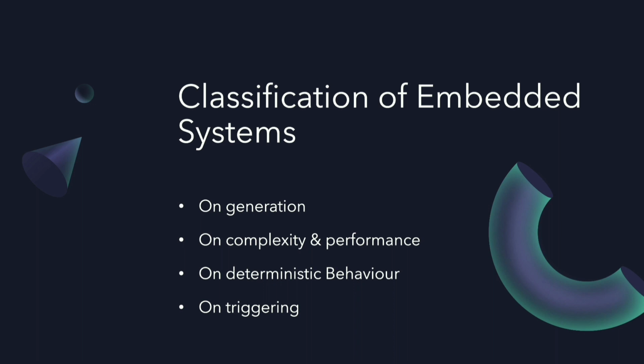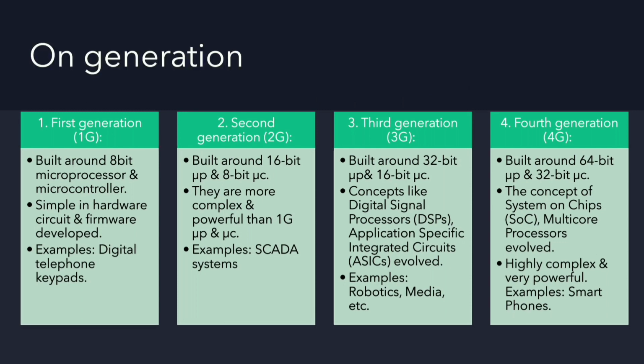The embedded systems that we see today are classified based on generation. Detailing on generation, we have the first generation or 1G. They are built around an 8-bit microprocessor and microcontroller. They are simple in hardware circuit and firmware development. The examples are digital telephone keypads.